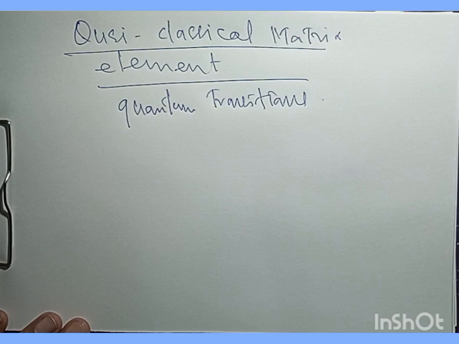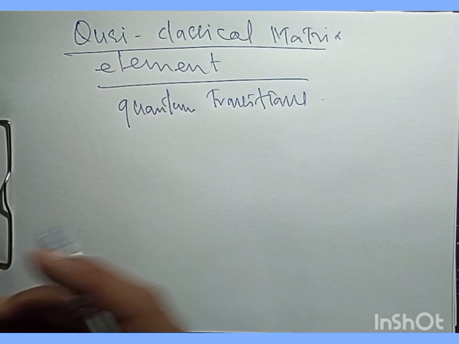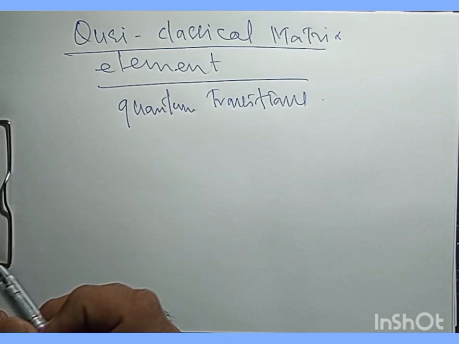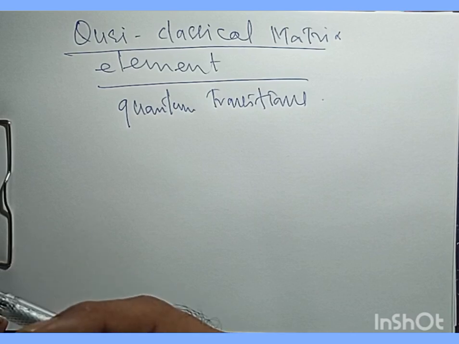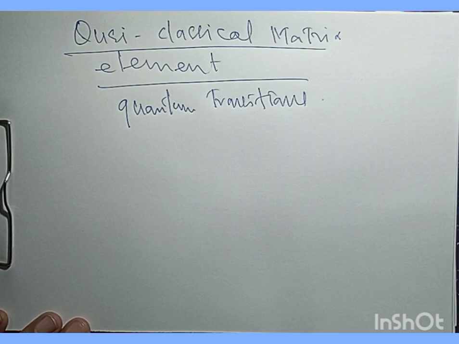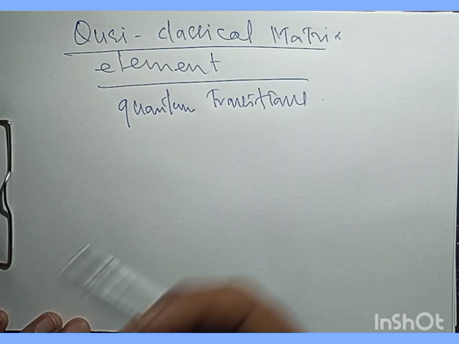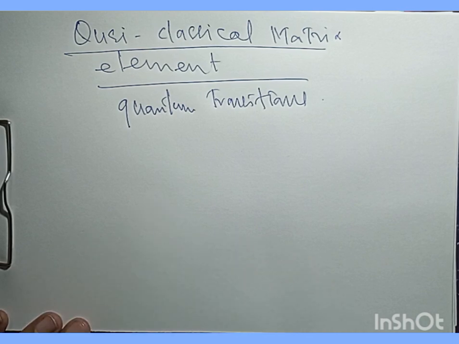And these transitions are certainly probabilistic in nature. So we have to have this quasi-classical matrix element.